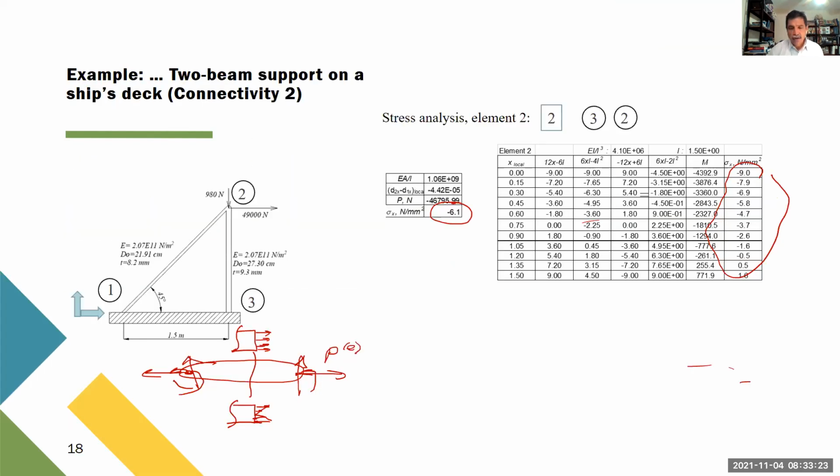So what I'm showing you here is that if I make different cuts at different positions, this is the position specified by this number. From here is 0, up here is 3. So at different positions, we have this value of the stress on one side and this value of the stress on the section. This is uniform. So you have to combine along the element.